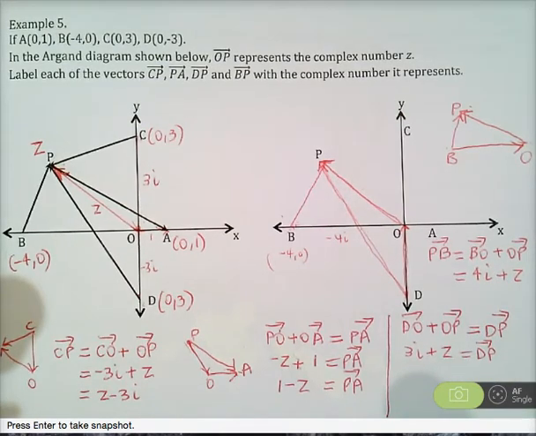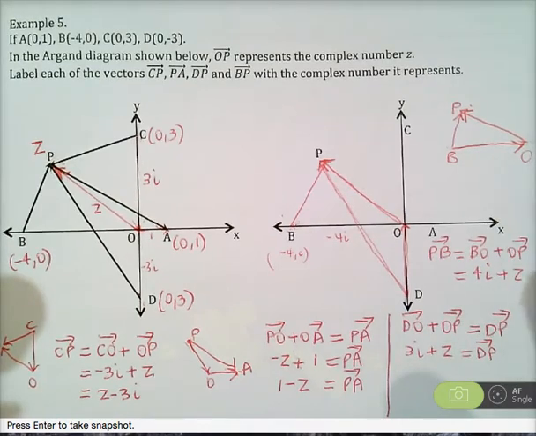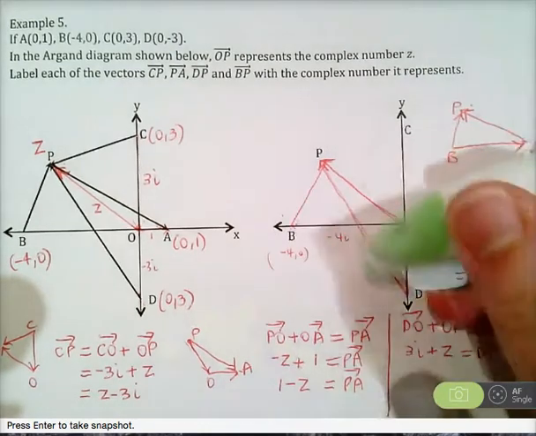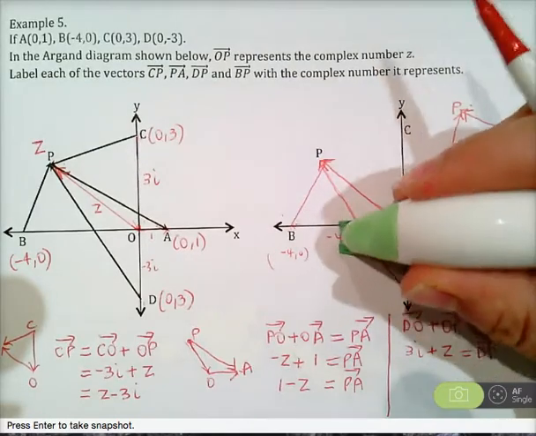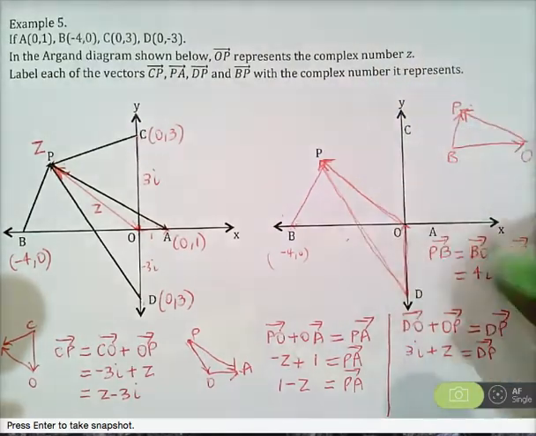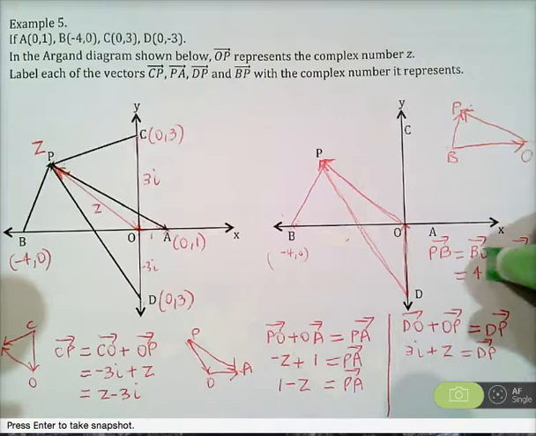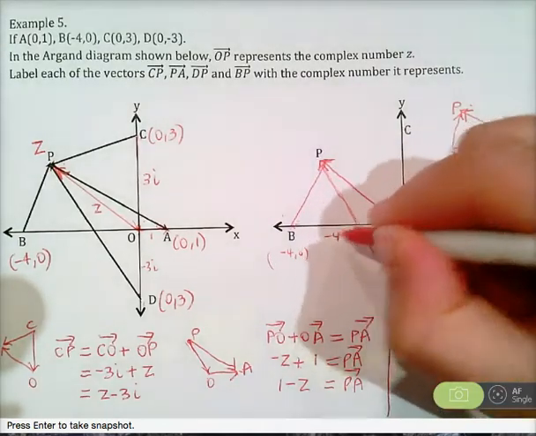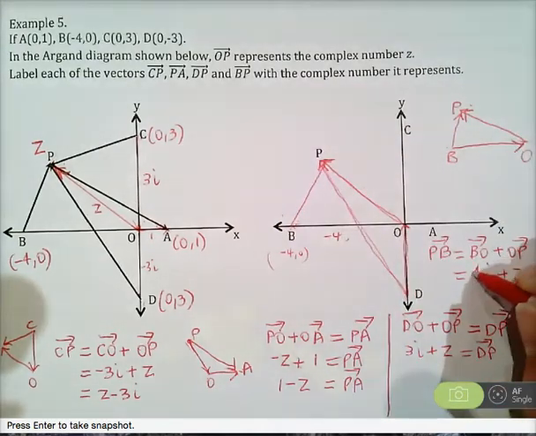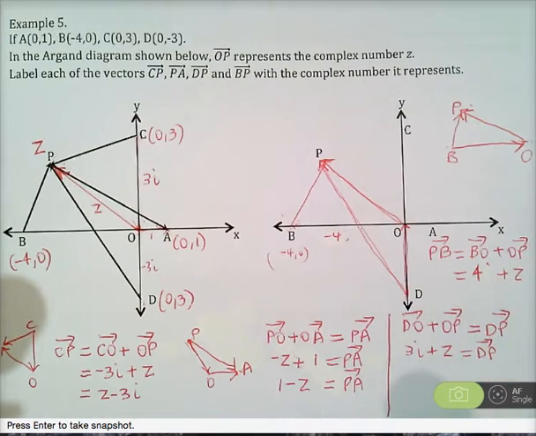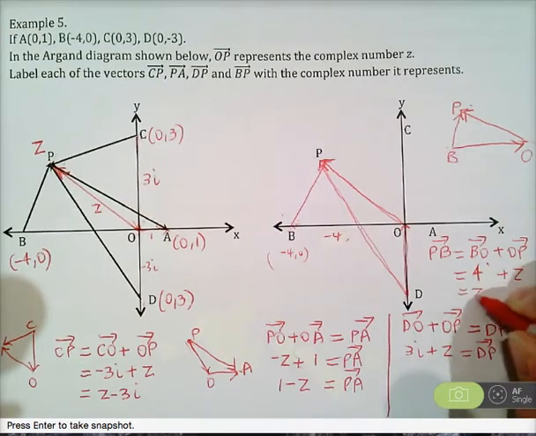Sorry, it's not minus 4i, it's just minus 4. Sorry, that was a mistake. So that's the real axis. So sorry about that. Okay, so this is minus 4 along there. So BO is 4, and OP we know is just the vector Z. So BO plus OP is 4 plus Z. So therefore the vector PB is 4 plus Z, or just Z plus 4. Okay, so that's what the vector PB is.